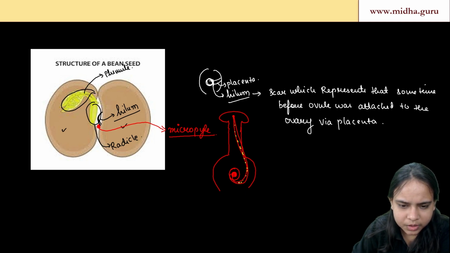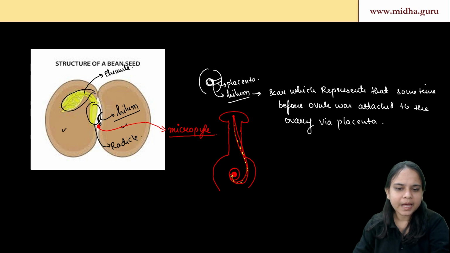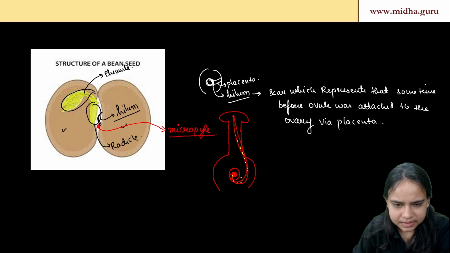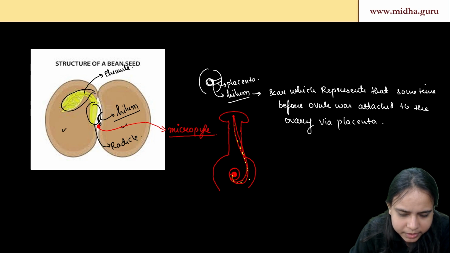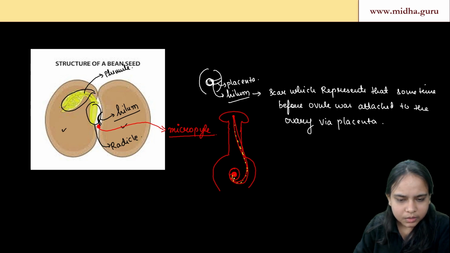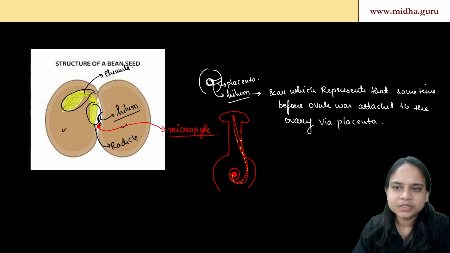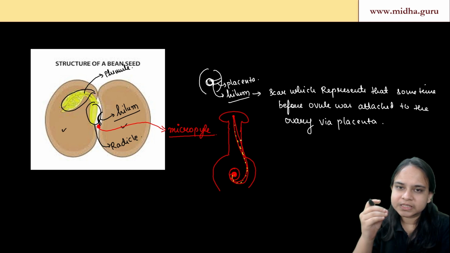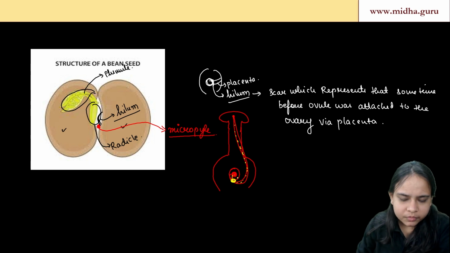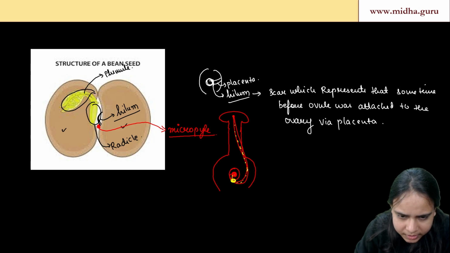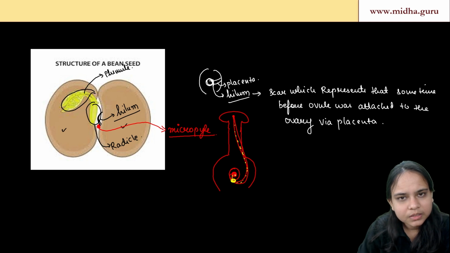So through this pollen tube, this pollen grains enters the ovule inside and gets fused with the egg cell, right? Egg cell. So this pollen tube, if it is entering inside the ovule, it needs some space or some door through which it can enter. So there is a small pore. Okay, there's a small pore in the ovule through which this pollen grain enters into the ovule.